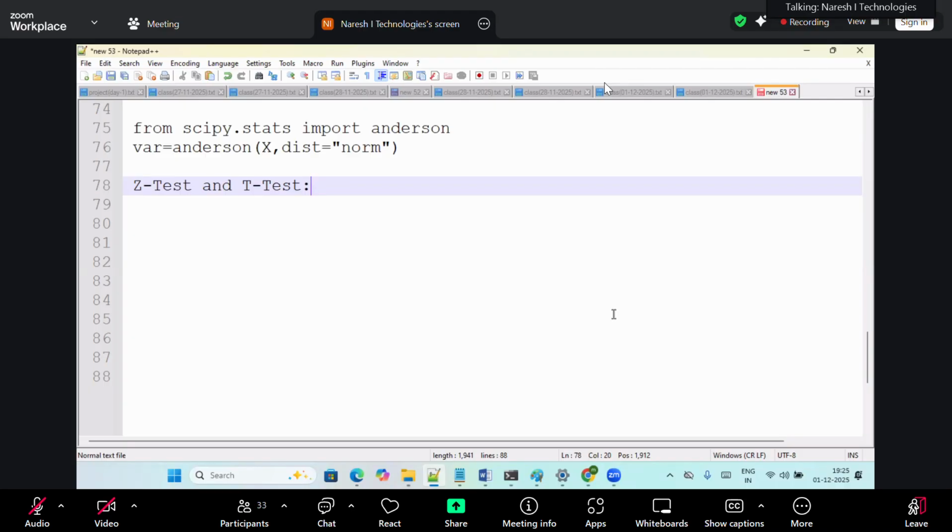Non-parametric test. We are not at all considering what kind of distribution it is. So you don't know the mean, you don't know the standard deviation, and we can directly apply this test. But the main thing about the permutation test is that it works better when your data set is small.